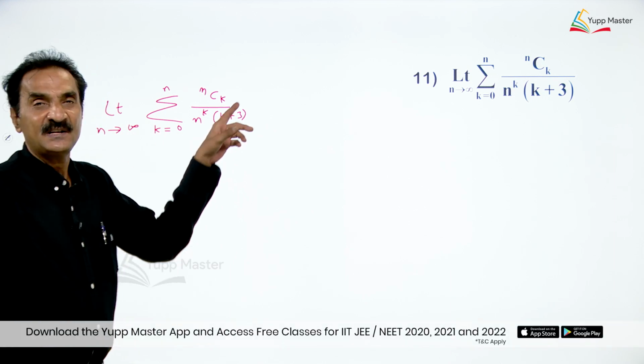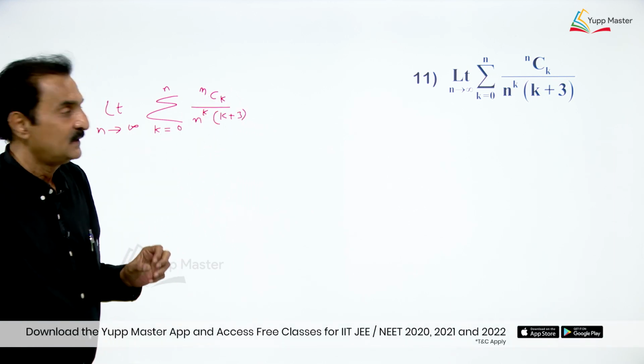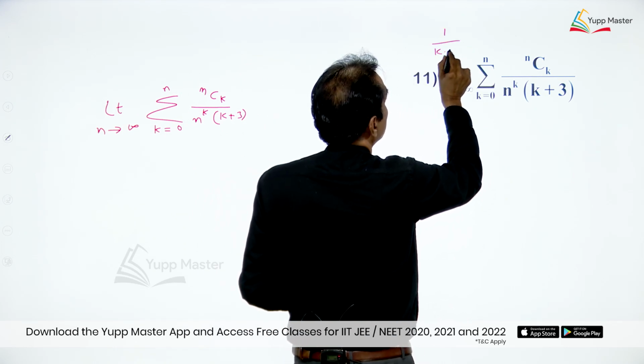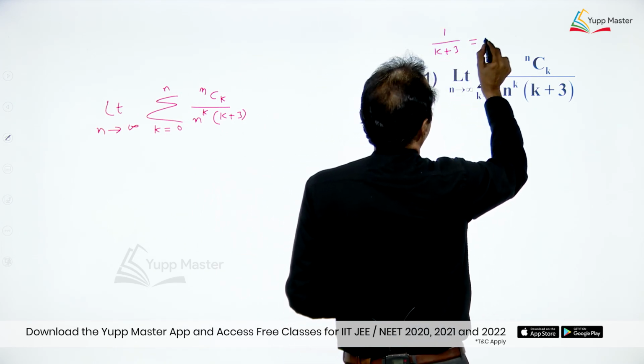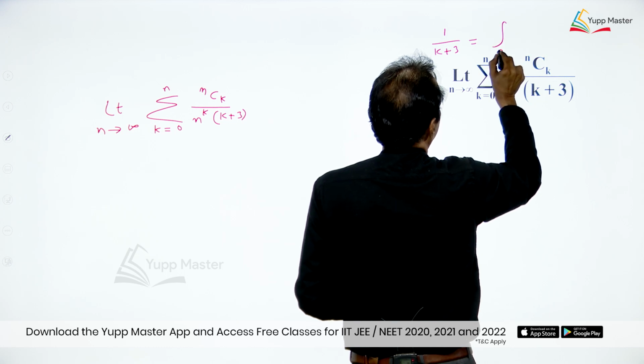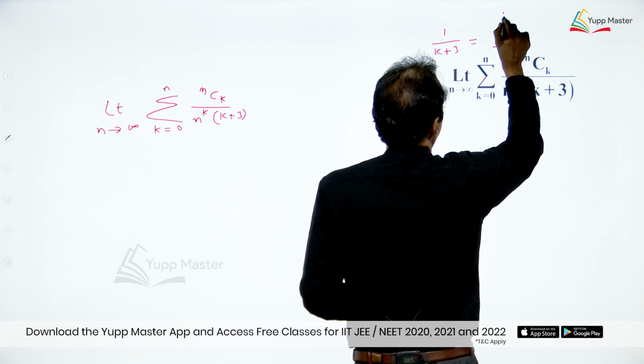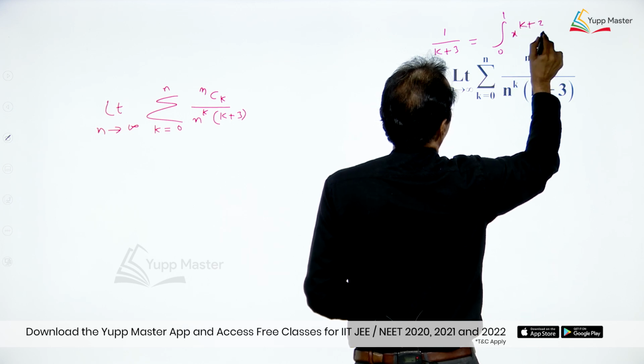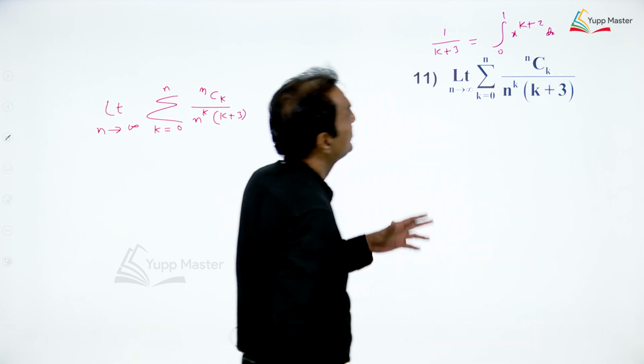We can write this 1 by k plus 3 as integral 0 to 1 x power k plus 2. Is it not?